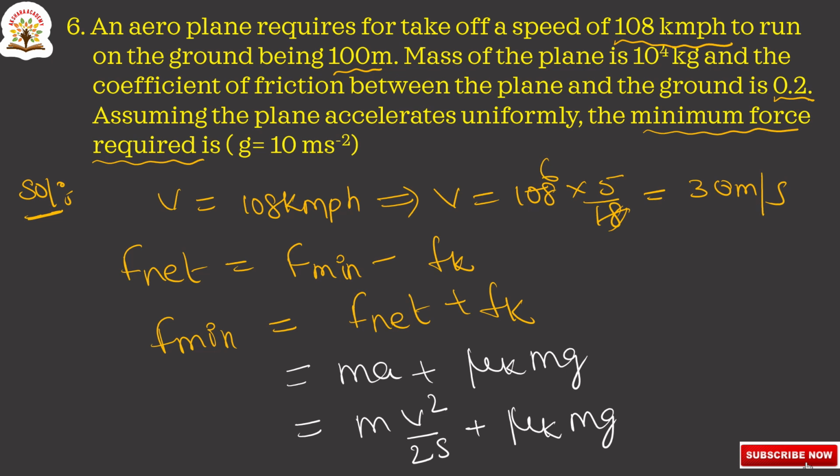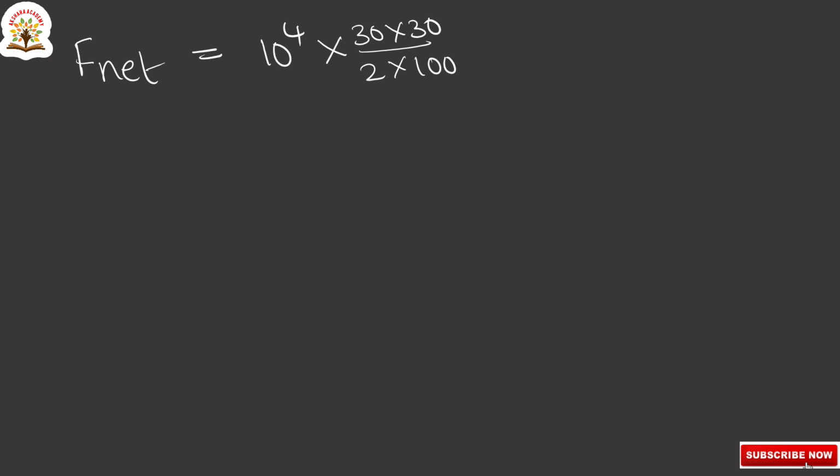Now we are substituting values. Net force is equal to 10 to the power of 4 into v square, nothing but 30 into 30 by 2 into the given S, 100, plus 0.2 into 10 to the power of 4 into 10. This is mu k into m into g.